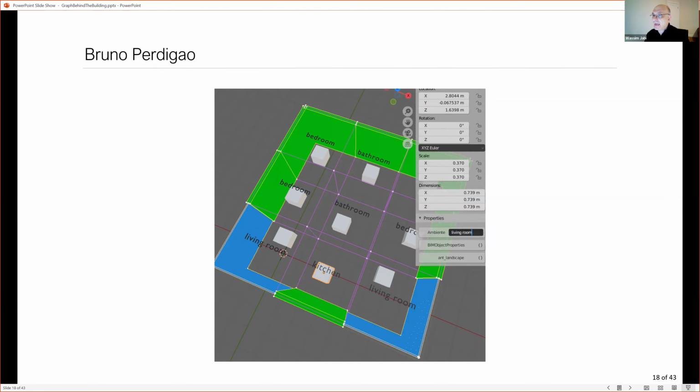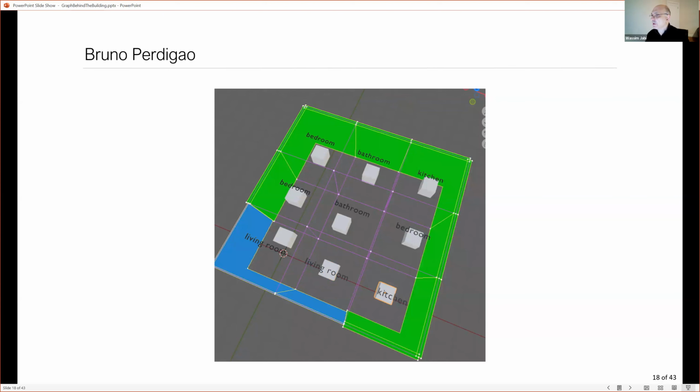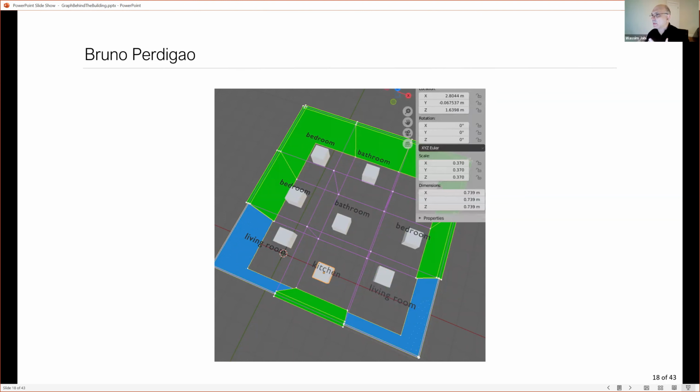So he can change the name of the cube or the attribute of the cube from kitchen to a living room. And the space that this cube is in recognizes that, says, oh, I have a cube in here, and that cube has a dictionary that is a living room. Therefore, I need to change my walls to be glass because that's what living rooms need. And when they are back into a kitchen or a bathroom or something like that, they can change.